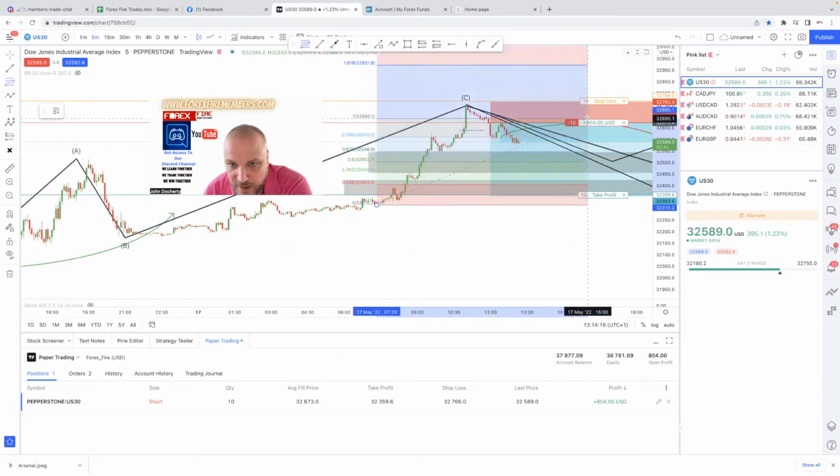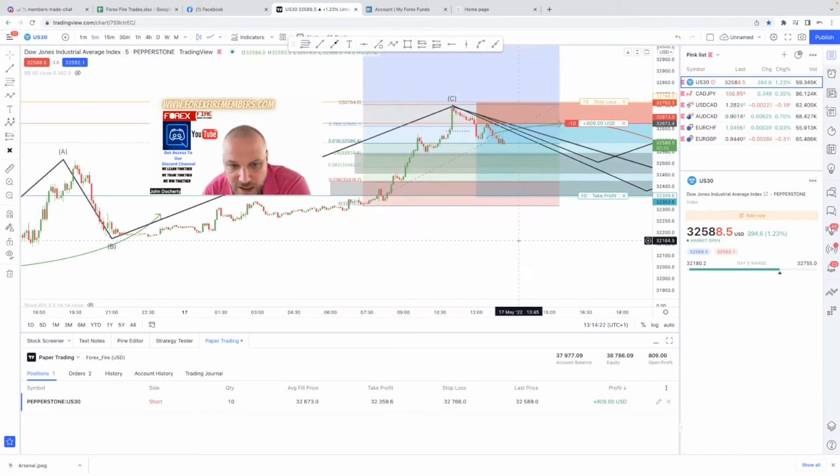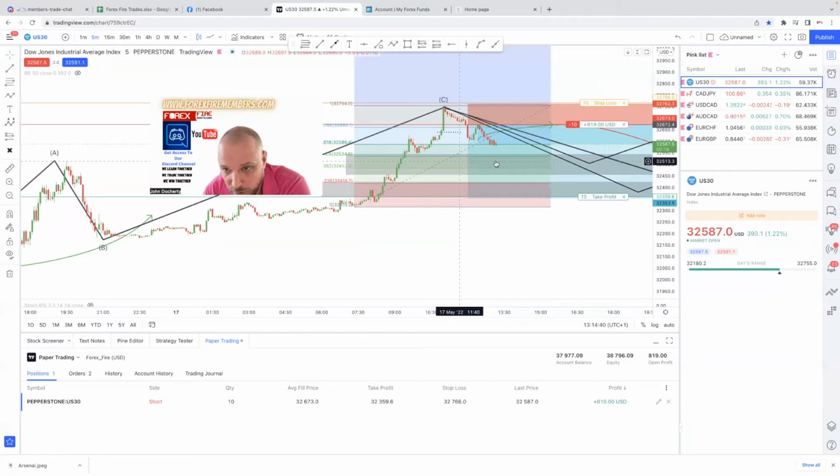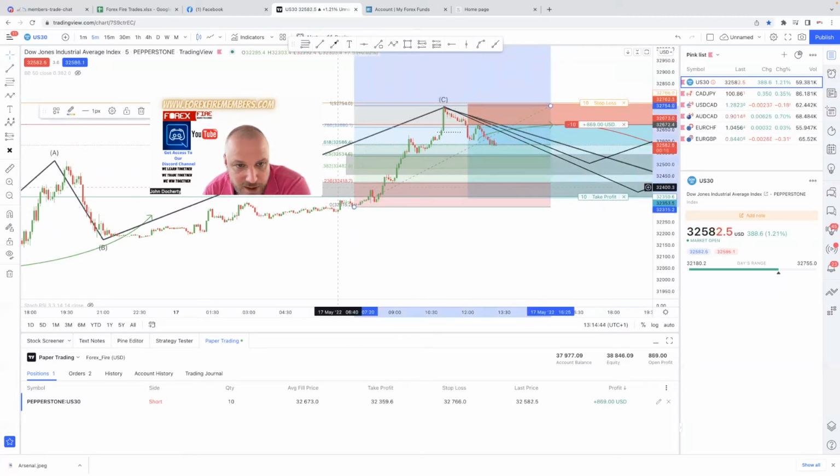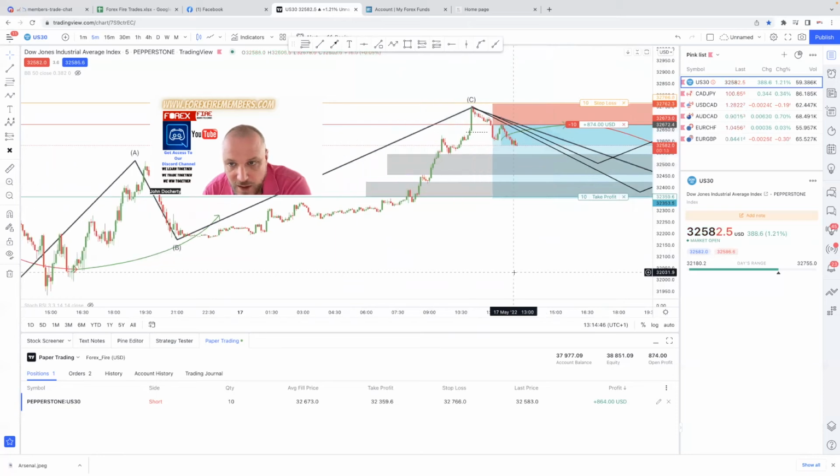If we did it from here to, let's see here, again, your 236 is coming down to the imbalance area on here. Your 50% on the 5 minute is coming within. We've got two areas of importance inside the imbalance, the 0.5 and the 0.236, where we could get a bounce from. So again, it's stacking up the confluence, you know.